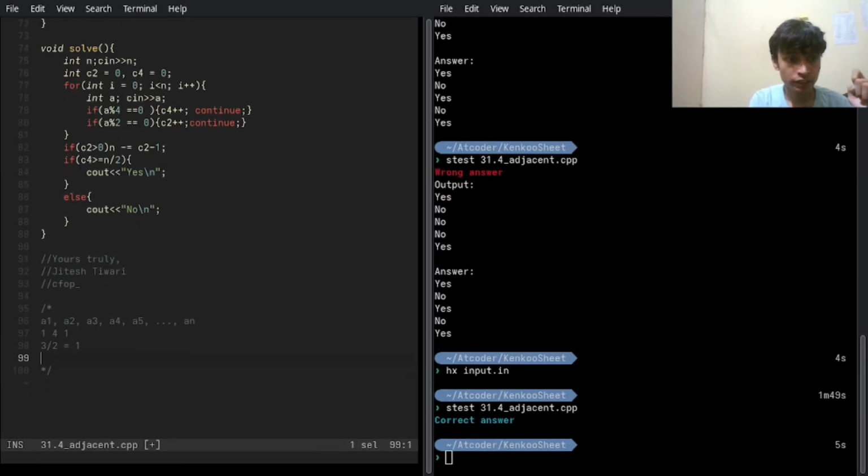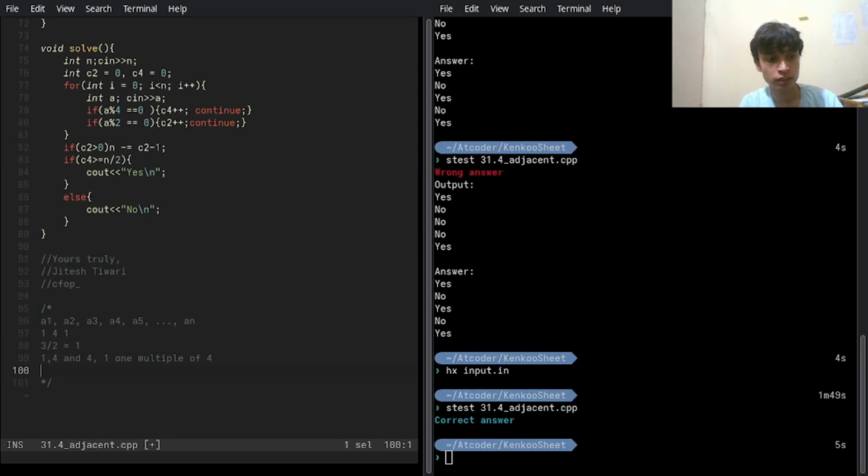Because we have to arrange it in an alternating order, so we at least need half of what there is, so that the pairs could have at least one multiple of 4. This is the key logic.